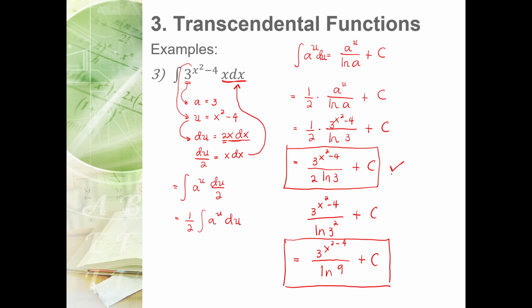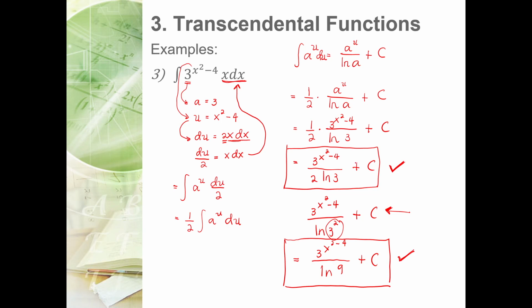You can also present it in this manner. But if you answer this one, it is not full credit, so you should simplify the 3 to the x squared. So that you won't be bothered, just use this one. That's also possible. Okay?